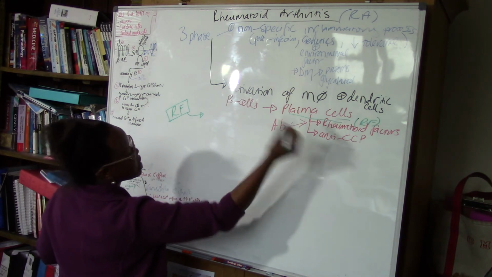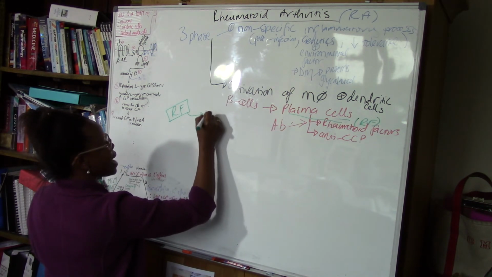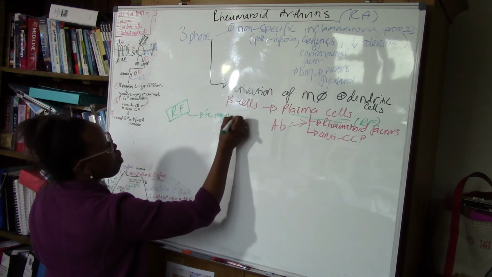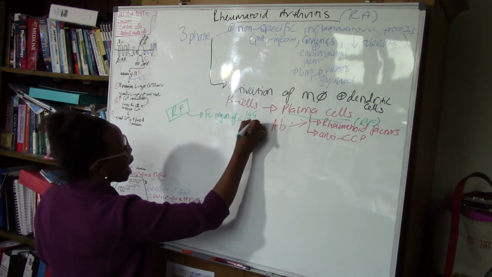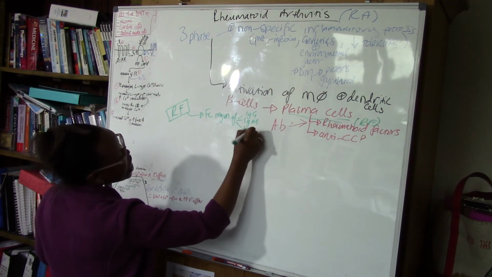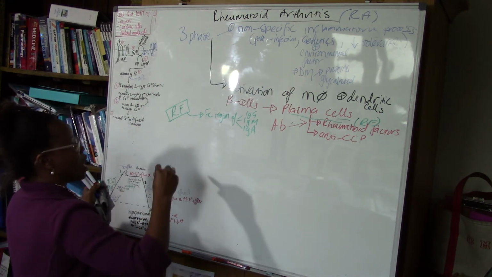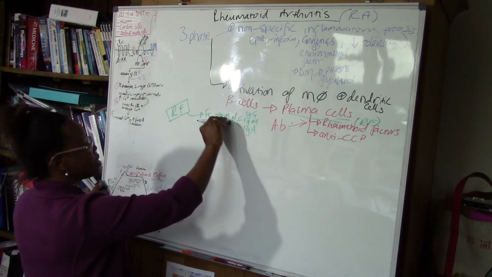So rheumatoid factor is an antibody against the Fc region of IgG, IgM, and IgA. And it obviously then attacks all of those Fc regions.